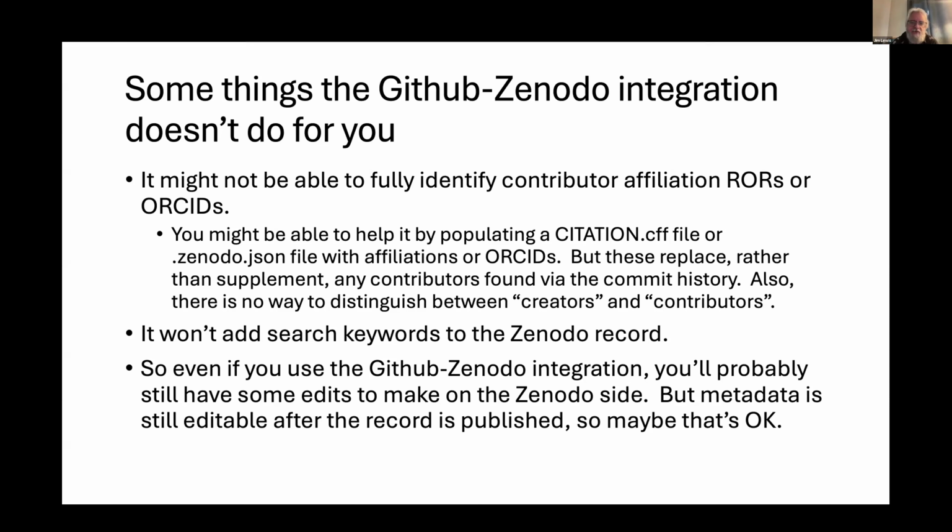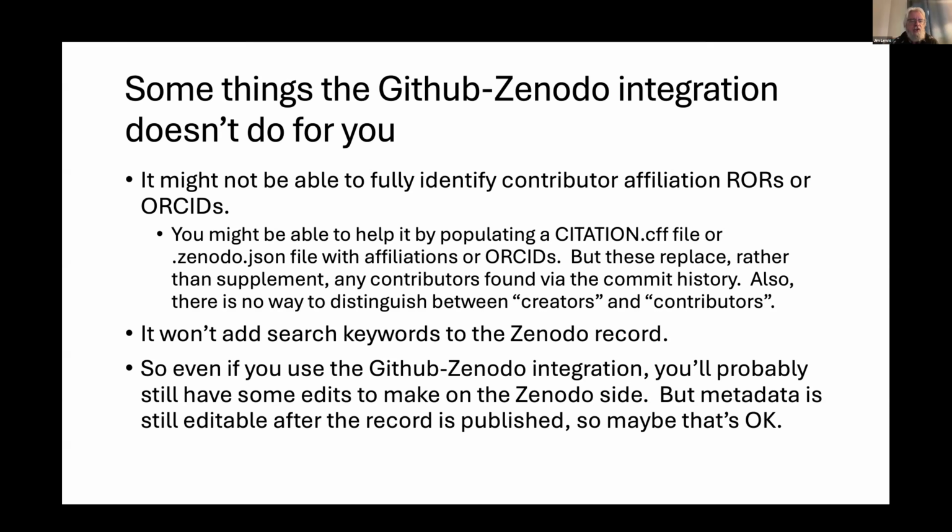And there's no way to specify search keywords to put in the Zenodo record. So if you use the GitHub Zenodo integration, you're probably still going to have a little bit of work to do on the Zenodo side of things, but you can edit that metadata after the record is published. So might not be a deal breaker.